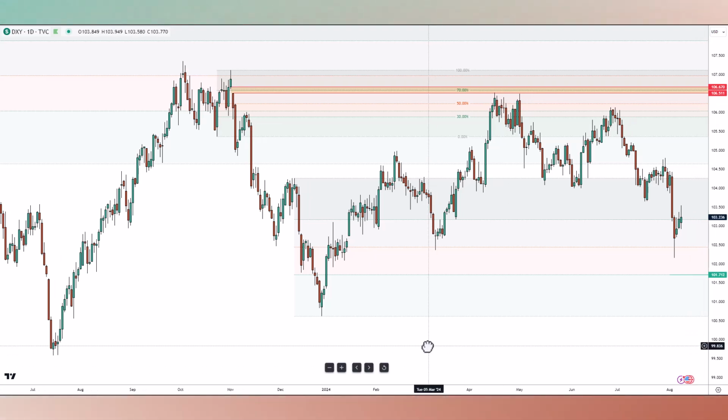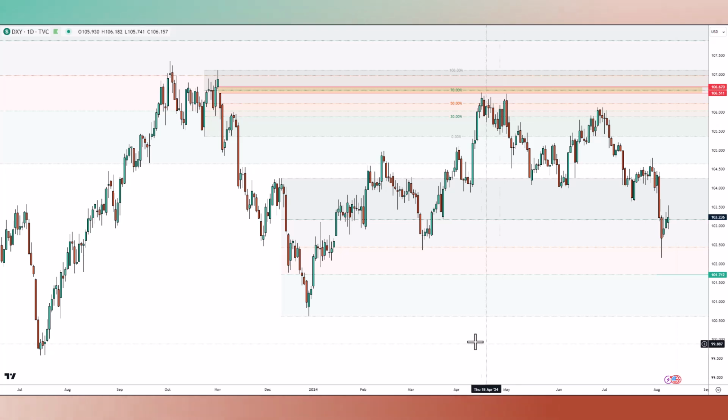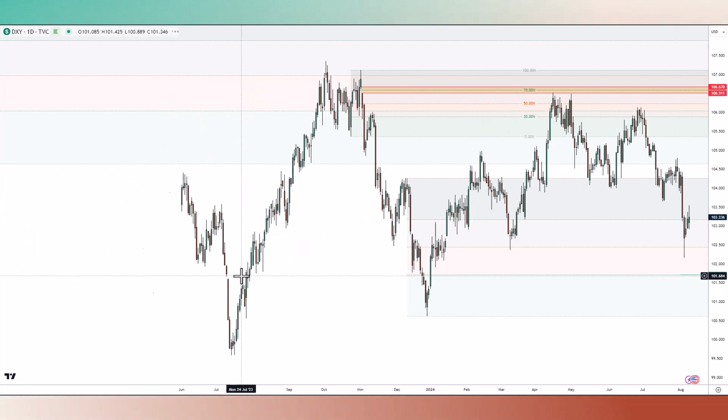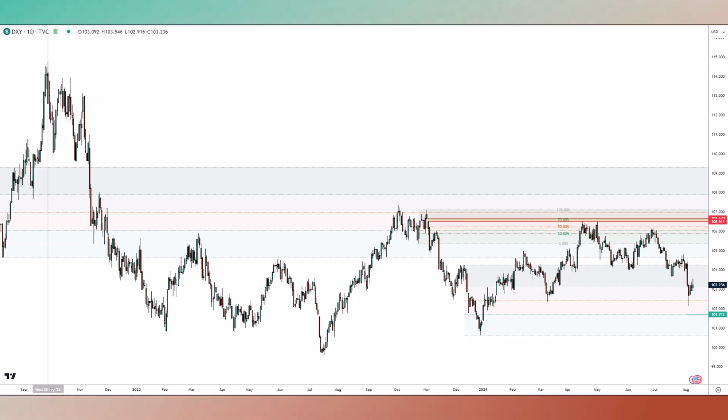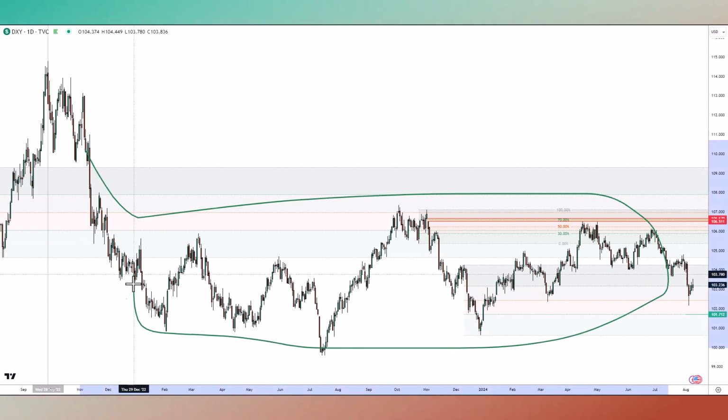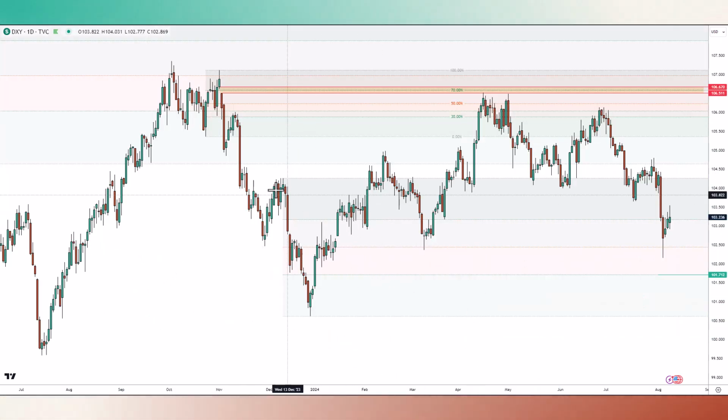Okay, so let's jump to DXY. For DXY, I'm not really following it, but I'm just going to say that in this price action in here, there's only this zone that is unmitigated. Why?